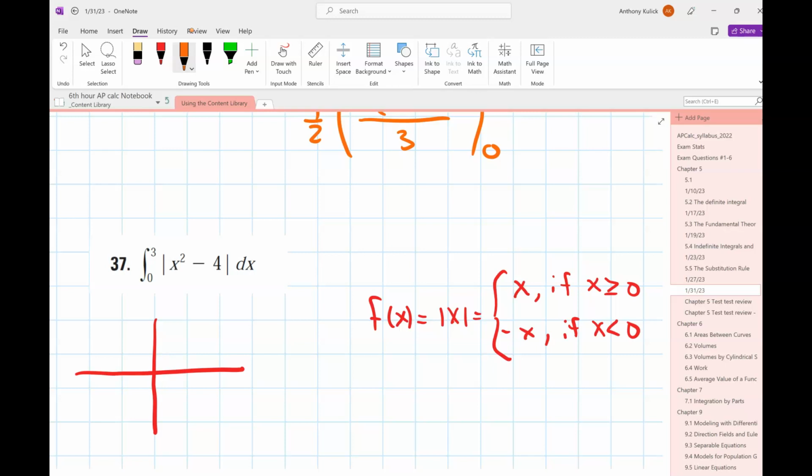Negative 2, 0 and positive 2, 0. So if we're going from 0 to 3, you have those two areas, right? Everybody agree with that?